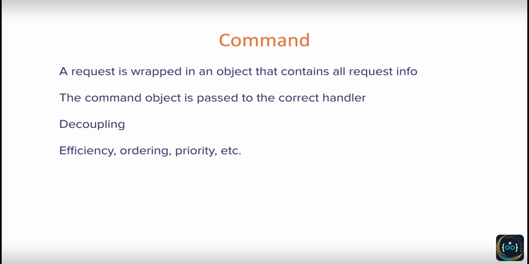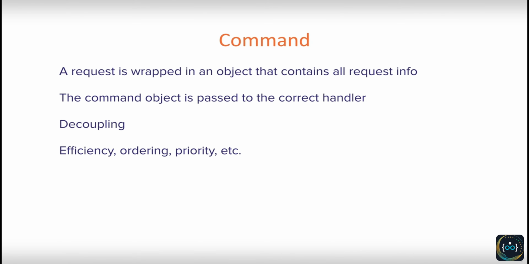So we can implement some sort of ordering or priority for the commands. All this is possible once we encapsulate this information. Otherwise, calling the methods directly simply won't allow us to do that.